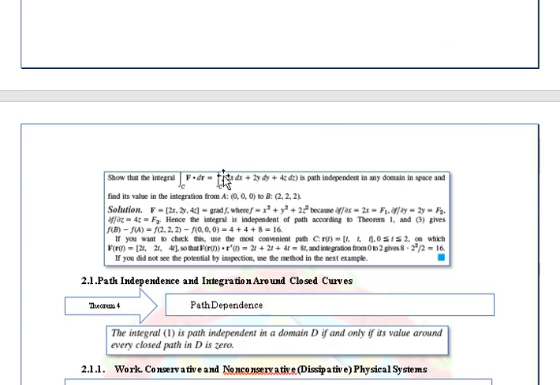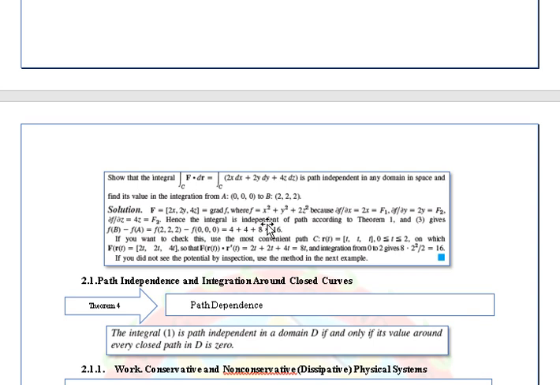So we have here an example. Show that the integral of f dot dr equals 2x dx plus 2y dy plus 4z dz is path independent in any domain in space, and find its value in the integration from point A to B. So the function f, which is 2x dx plus 2y dy plus 4z dz, is a gradient of the function f equals x squared plus y squared plus 2z squared.